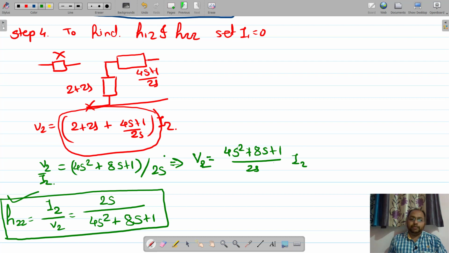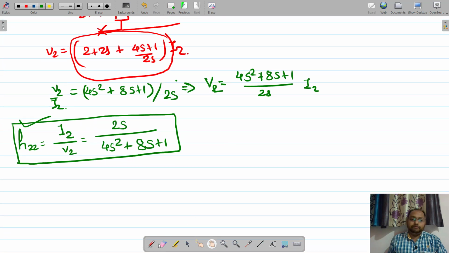And what about V1? V1 is nothing but the drop across 2 plus 2s because of I2. So we need to take a ratio.